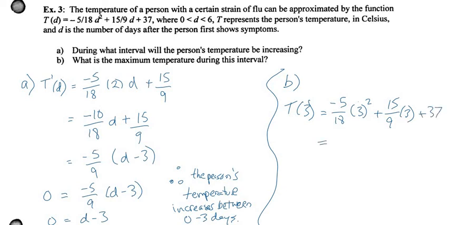Punch that into your calculator and you should get 39.5 degrees Celsius. So therefore, the maximum temperature is 39.5 degrees Celsius. So now we've gone through and figured out the maximum temperature using calculus.